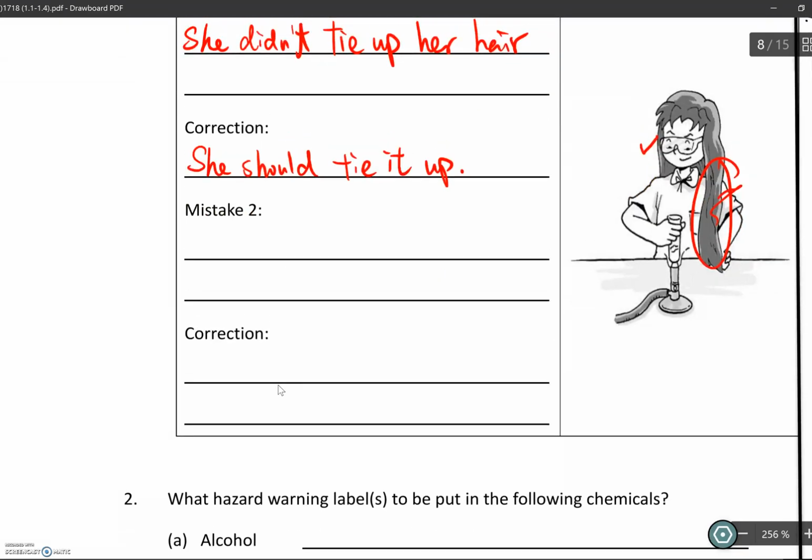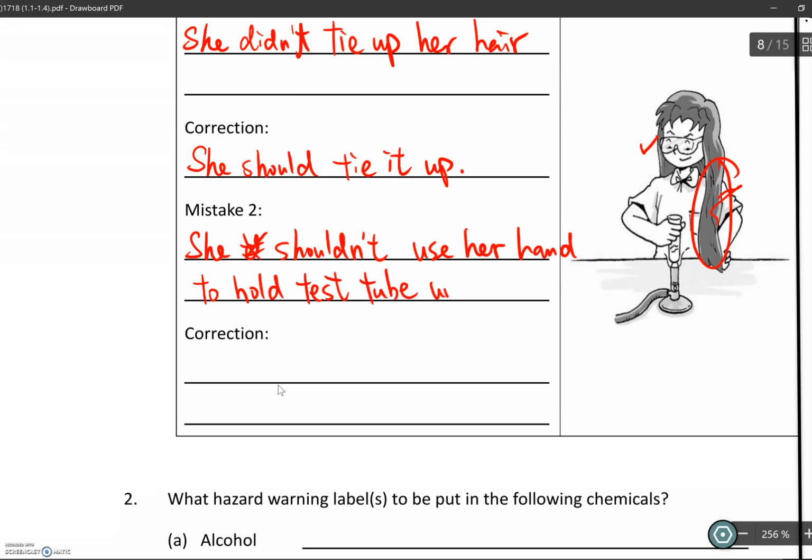So mistake 2 is when you're heating a beaker or a test tube or a boiling tube, you should not use your bare hand. She should not use her hand to hold the test tube under heating.